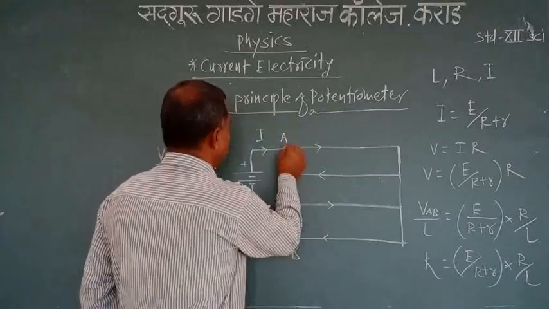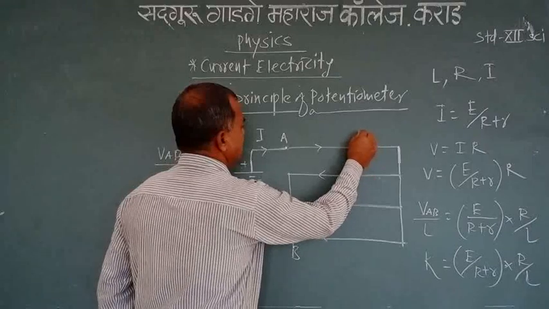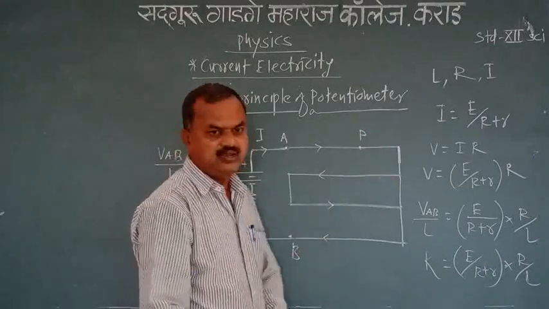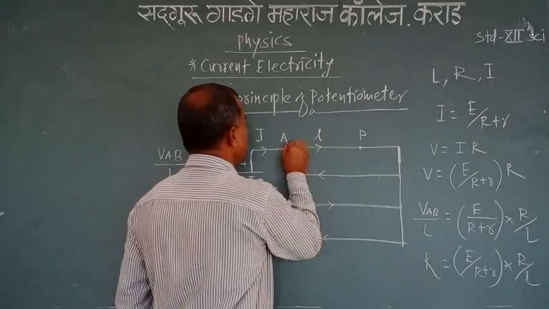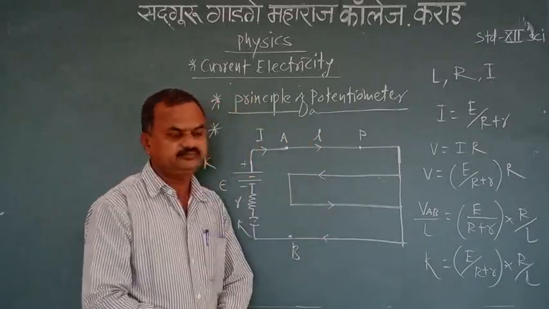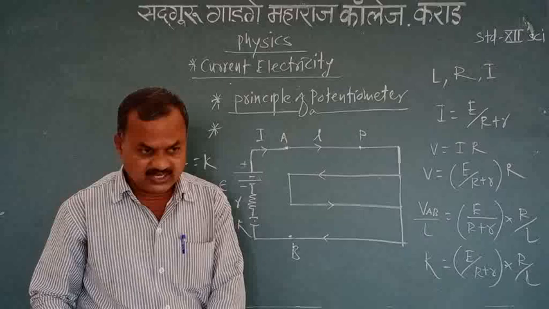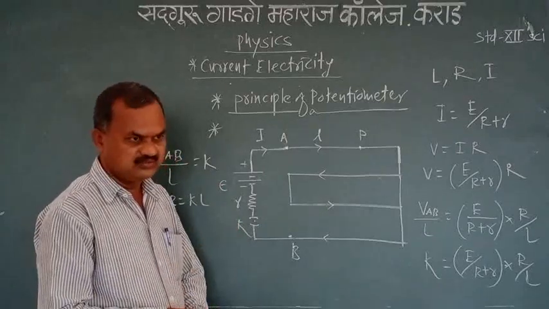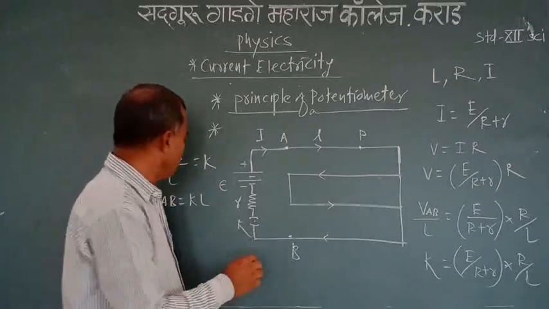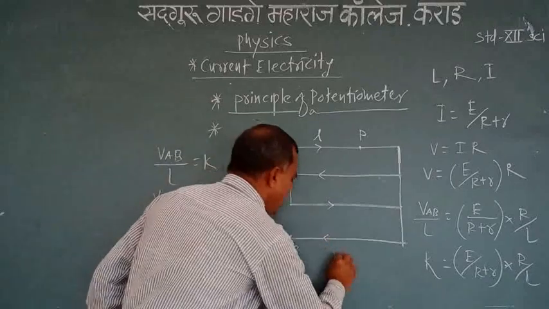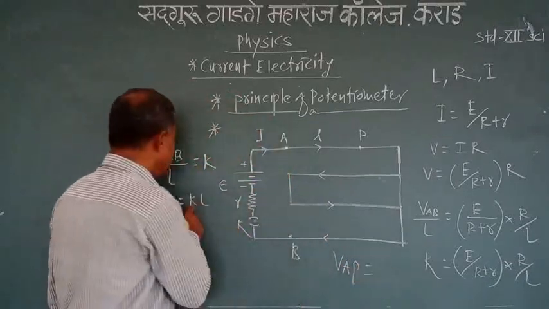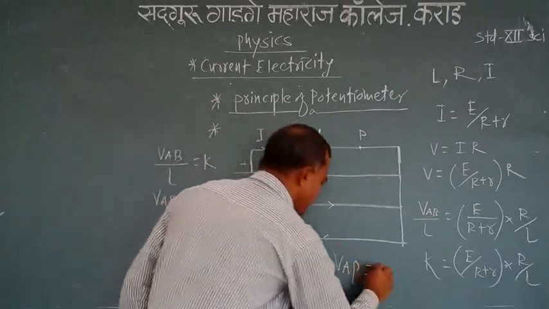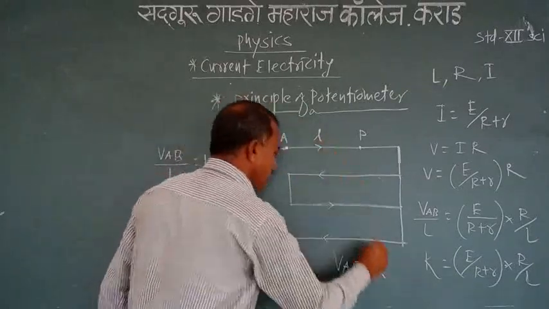Suppose P is any point along the wire at a distance small l from point A. Then the potential difference between these 2 points is given by the relation VAP equals the constant K, potential gradient, into length L of the wire.